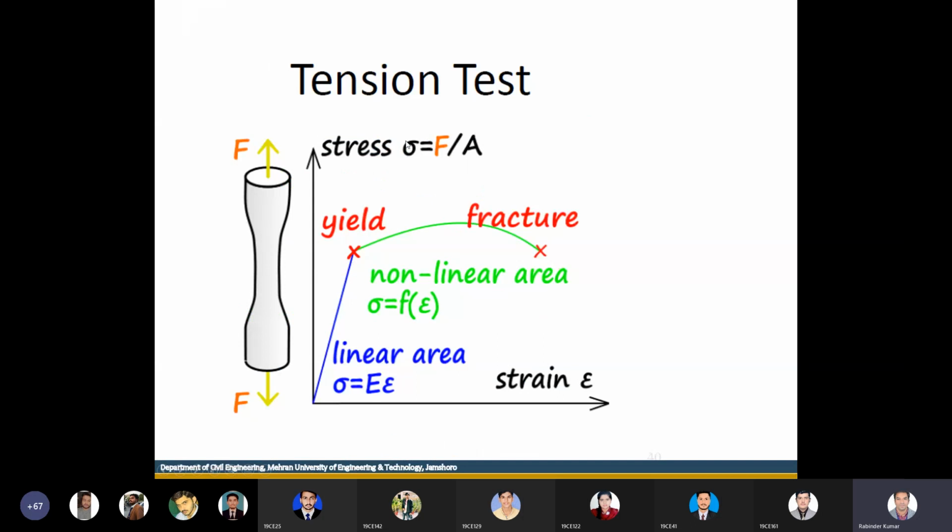This is a simple tension test in which stress is plotted on the y-axis and strain on the x-axis. This is the behavior of a ductile material. Up to this point the material will yield, and after some time the material will fail. Up to the blue region, this is the linear area. In the linear area, Hooke's law is followed, and Hooke's law says stress is directly proportional to strain.